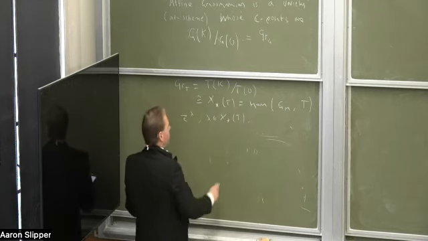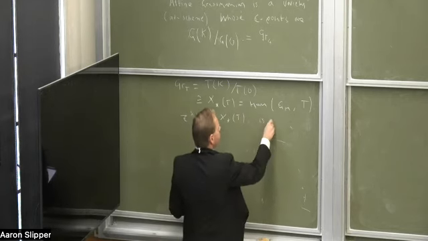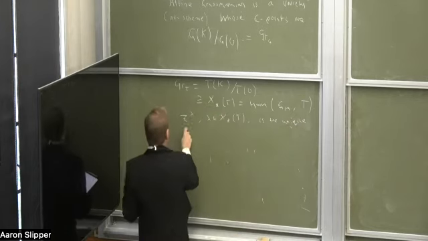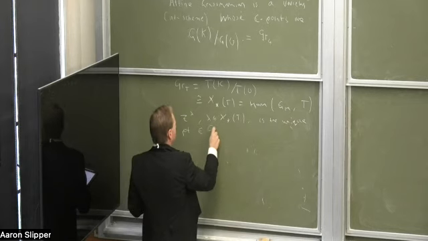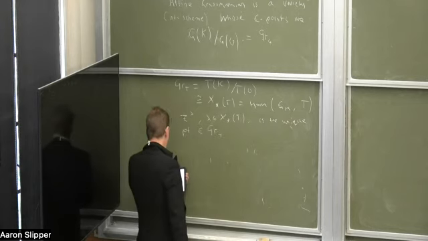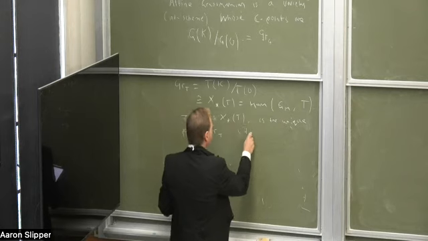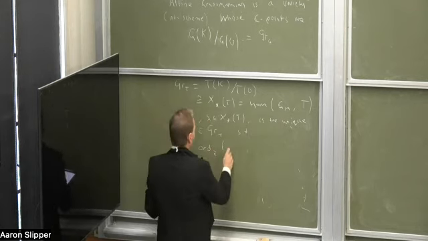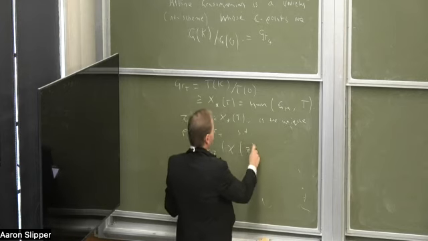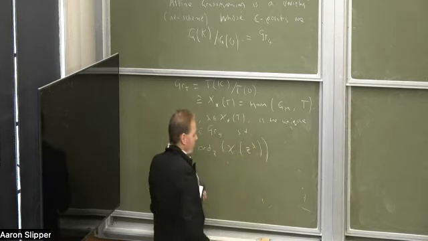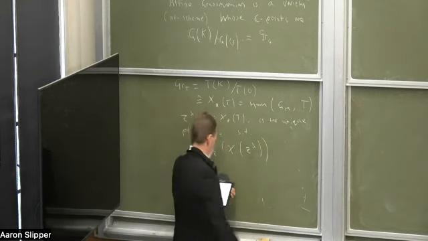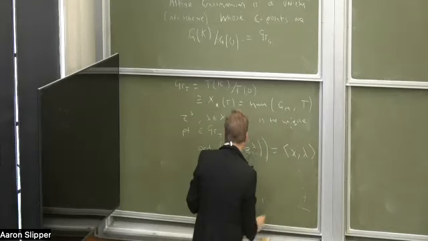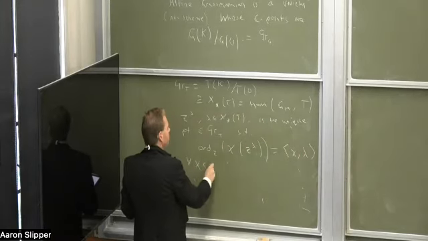It's the unique point in Gr_T such that the order with respect to z of chi of z^lambda, so there's going to be some point on the torus, and chi is going to be an arbitrary character, is equal to the pairing of chi with lambda for all chi in the character lattice.